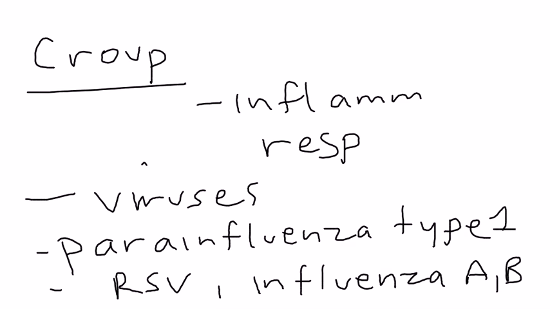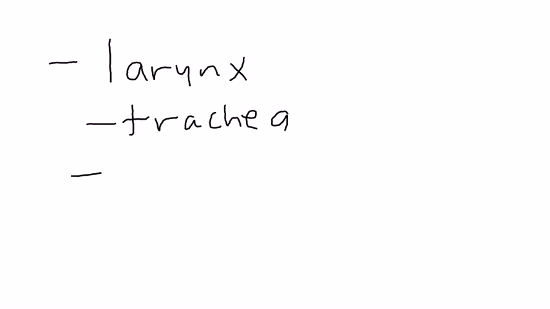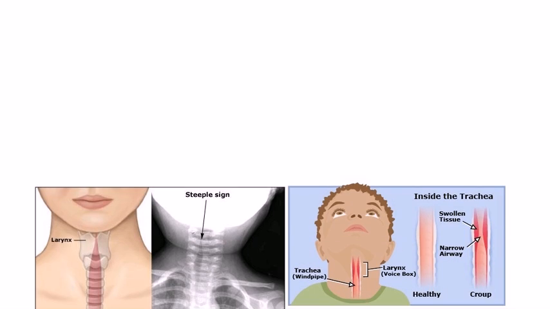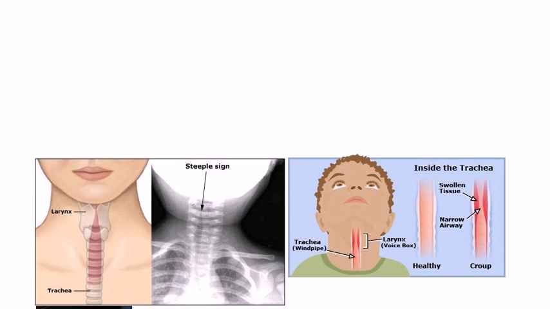Now, croup is basically an inflammation of the larynx, trachea, and the bronchioles, including all the way down to the lung. And let me show you a little diagram that sort of illustrates that. So here we are.